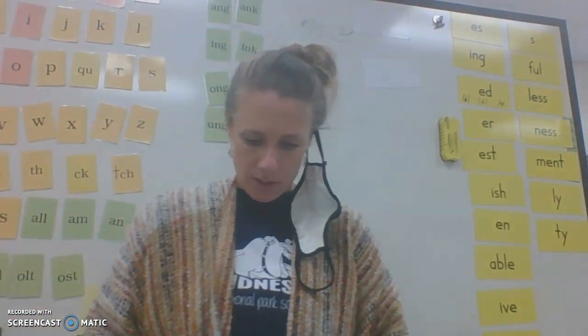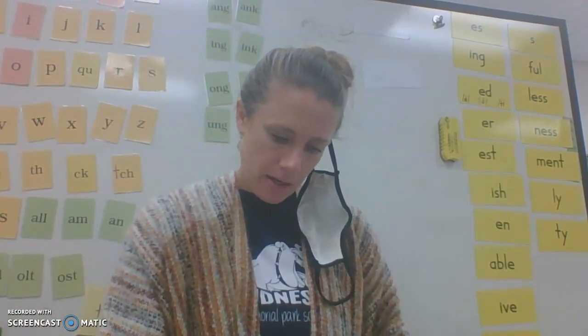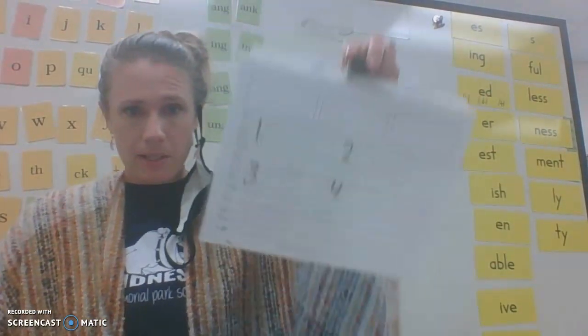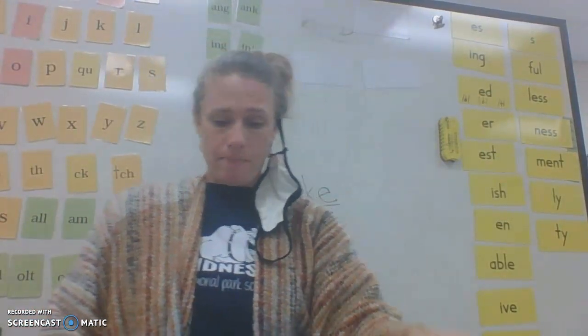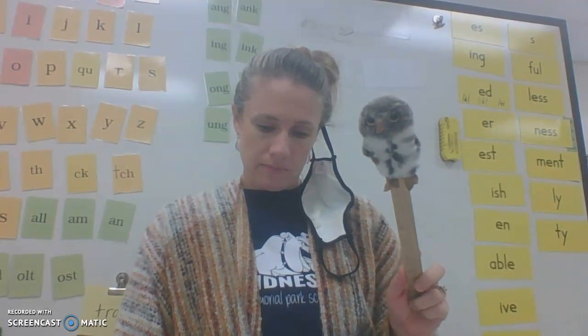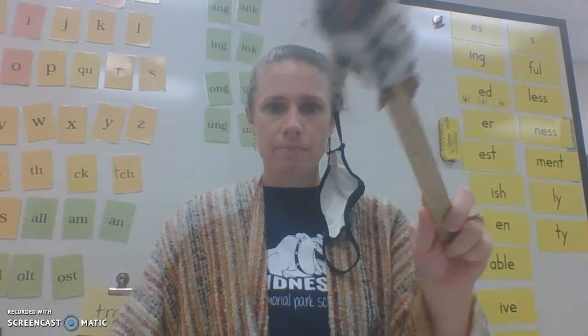And next I am going to give you 4 prefixes. So let's set up our page. 1, 2, 3, 4. Please set it up like this. And repeat after me and write it. Number 1, con. Number 2, miss.